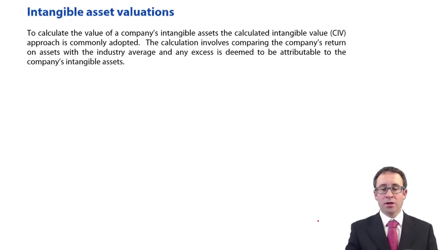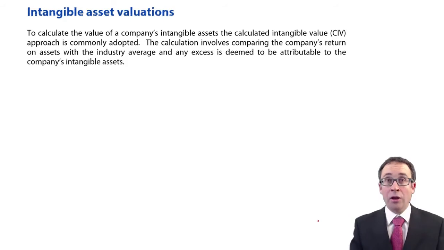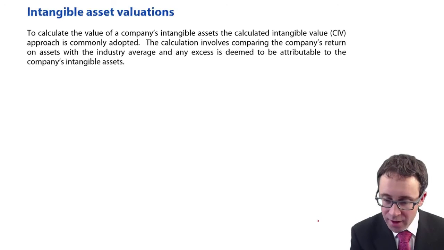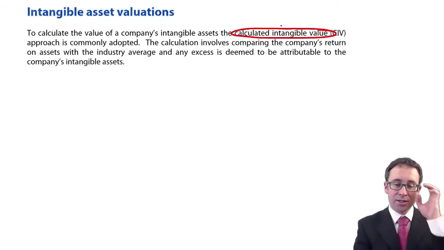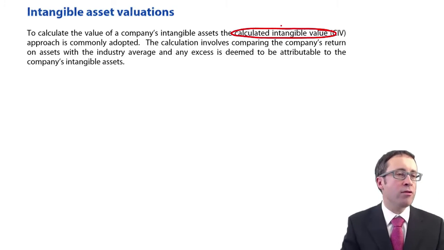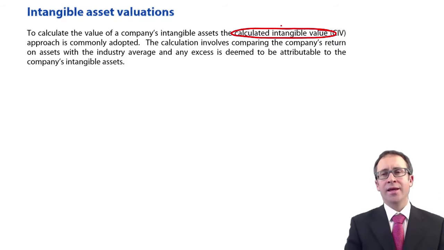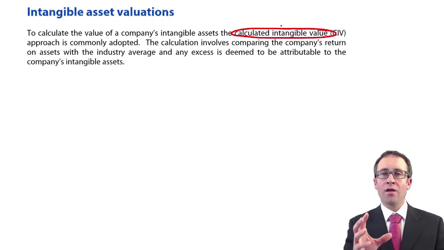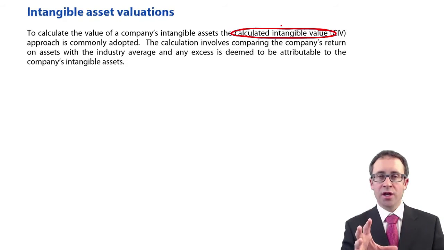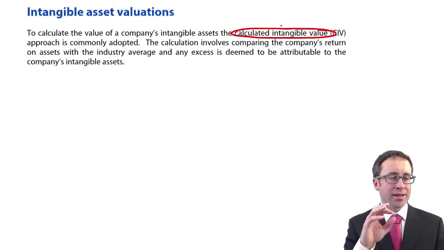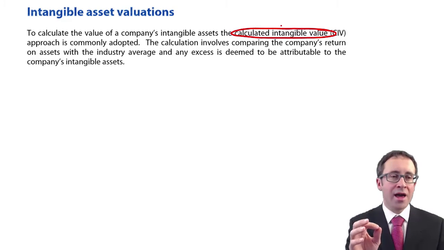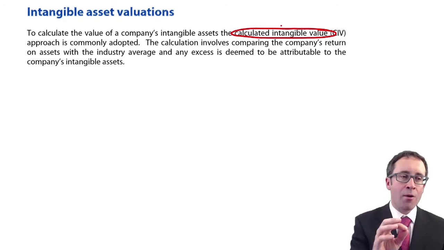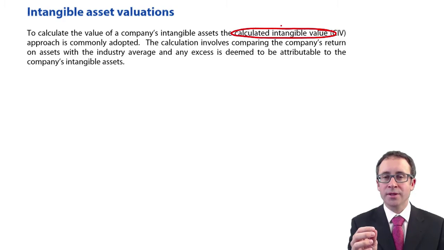Okay. So to be able to go through and do that, what we have there is referred to as the CIV, the calculated intangible value. And effectively what we go through and do there is we look at what the industry is returning on its tangible assets. Okay. And we apply that to our earnings. Okay. To try and go through there.